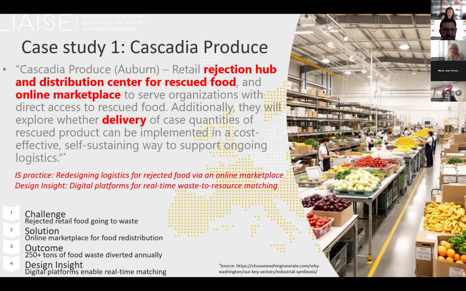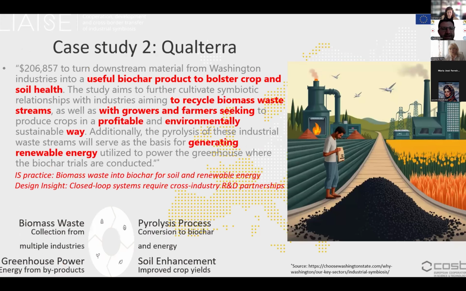The second case regards Qualterra, also in the United States, that is trying to turn downstream material into useful biochar products to bolster the crop and soil health, trying to also create the basis for recycling biomass waste and also make it possible for farmers to create profitable and environmentally sustainable solutions.